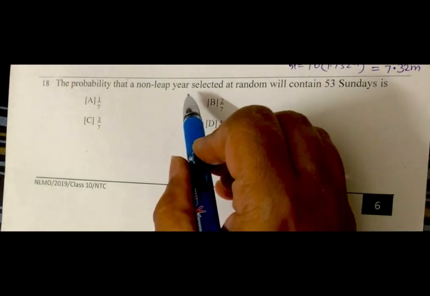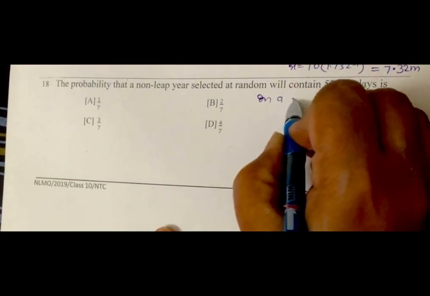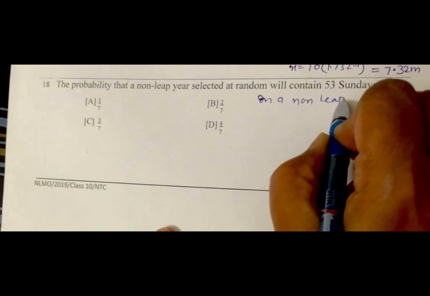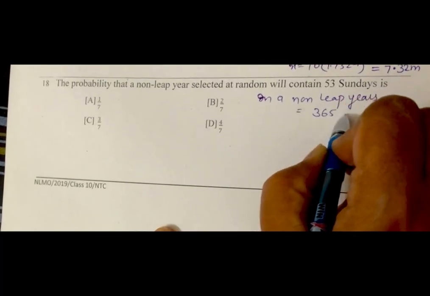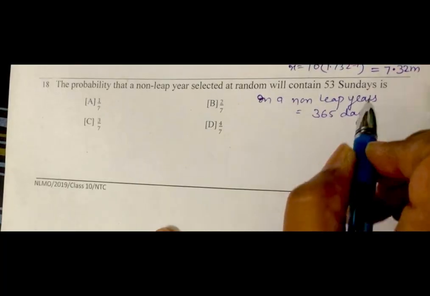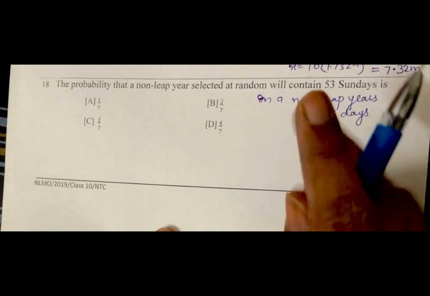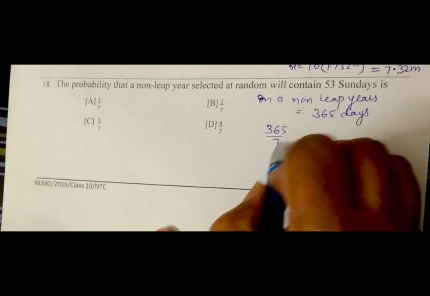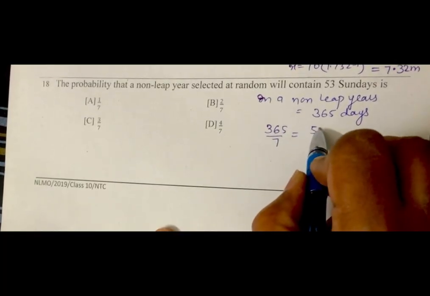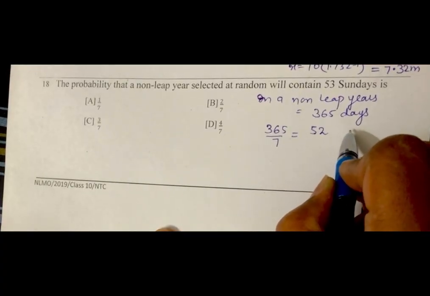Now we know that in a non-leap year we have how many days? 365 days. And if we divide it by 7, because 1 week is equal to 7 days, we get 52 as quotient and 1 as remainder.